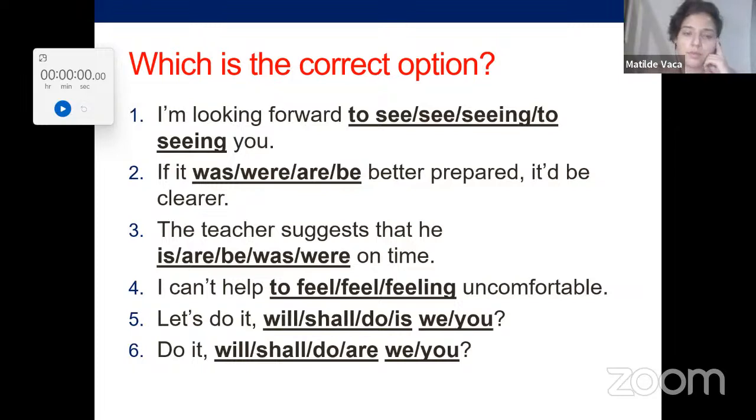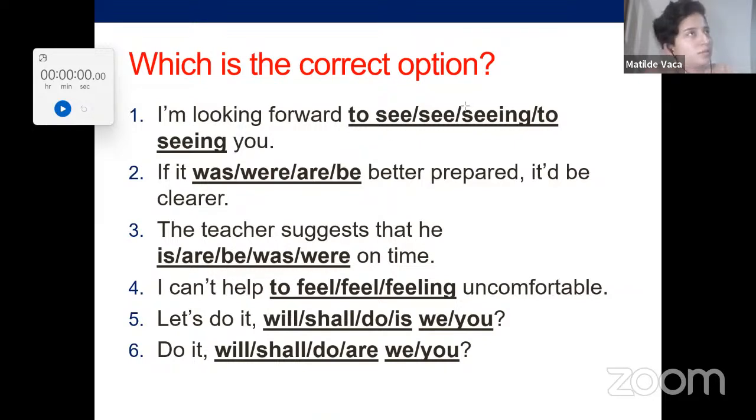I'm looking forward. It's seeing you. I'm looking forward.